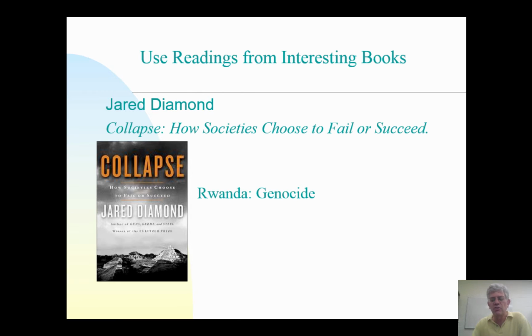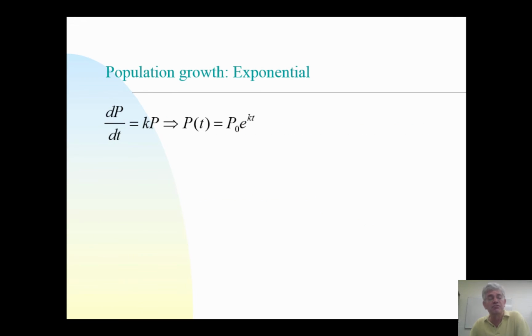The connection to our course is that the author discusses the fact that Rwanda is one of the most heavily populated nations in the world, and that a contributing factor in his estimation to the genocide was this overpopulation of the country. And population growth is a very standard topic in our calculus classes and also in lower level courses. You have a differential equation and the solution to it involves an exponential.